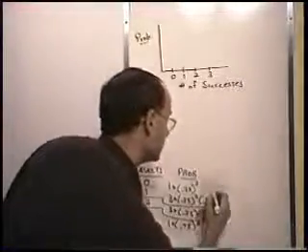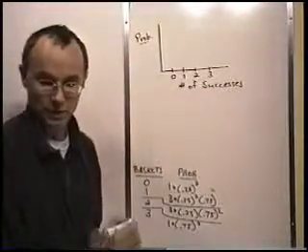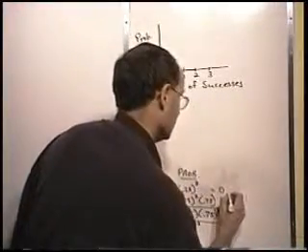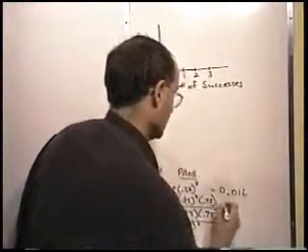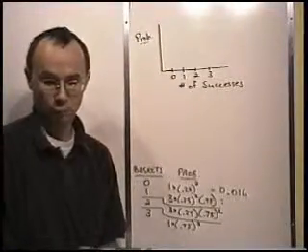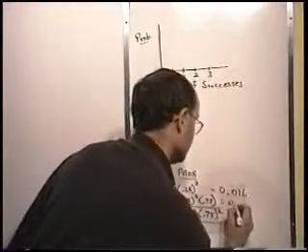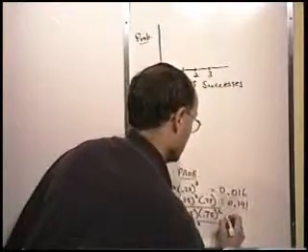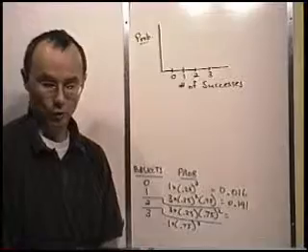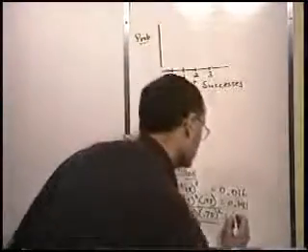This one here turns out to be about 0.016. The next one is 0.141. And this one here, if we multiplied all that, would be 0.422.